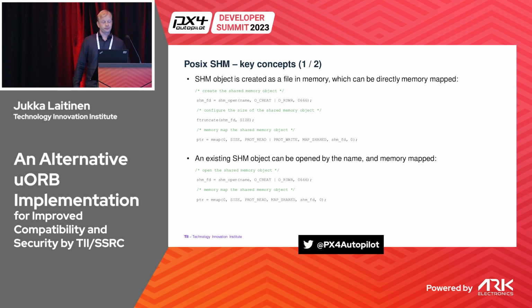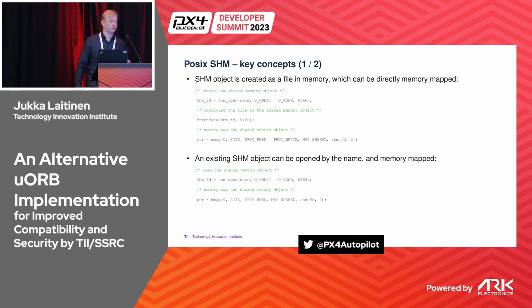But how a typical publisher creates the shared memory object is that it opens a named shared memory object the same way as it would open a file. It sets the size for it, and then it calls mmap to map it into its own memory space, getting a direct pointer to the shared memory. Typically, after this, you also close the object because you don't need the file handle anymore.